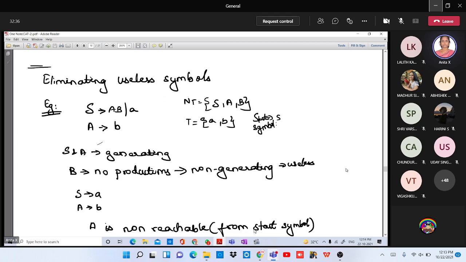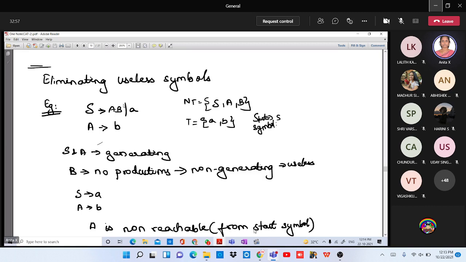How to eliminate it? The productions which involve the useless symbol can be completely removed. Here you can see AB.